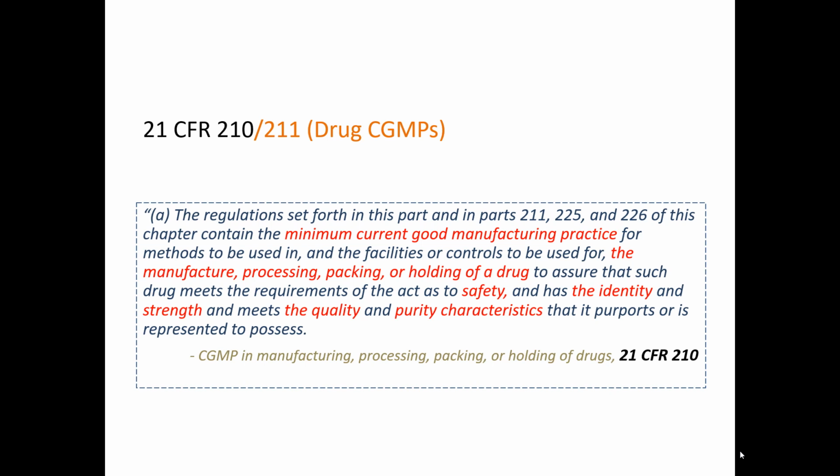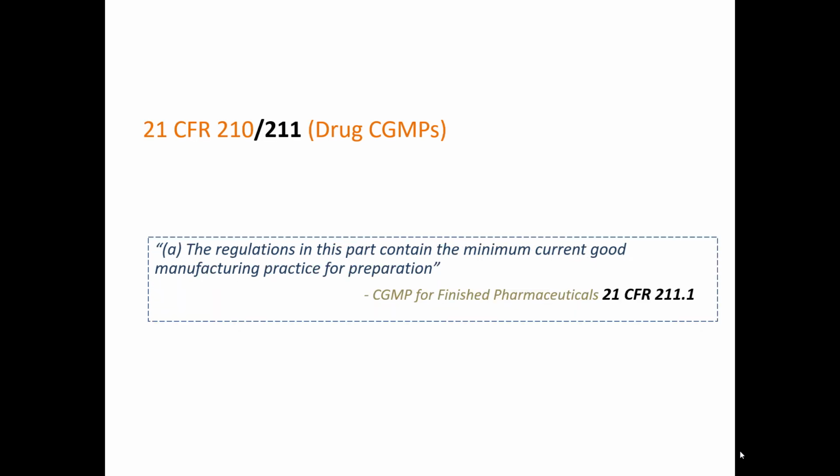So if you have to implement cGMPs in a drug manufacturing facility, you need to be familiar with 21 CFR 210 and 21 CFR 211, the cGMP for finished pharmaceuticals, which states that the regulation in this part contains the minimum current good manufacturing practices for preparation. This is also a regulation that you should be familiar with if you're working in the area of drug manufacturing.